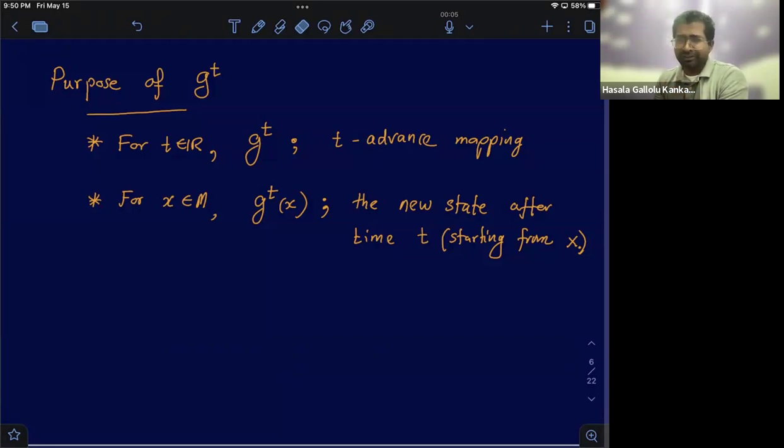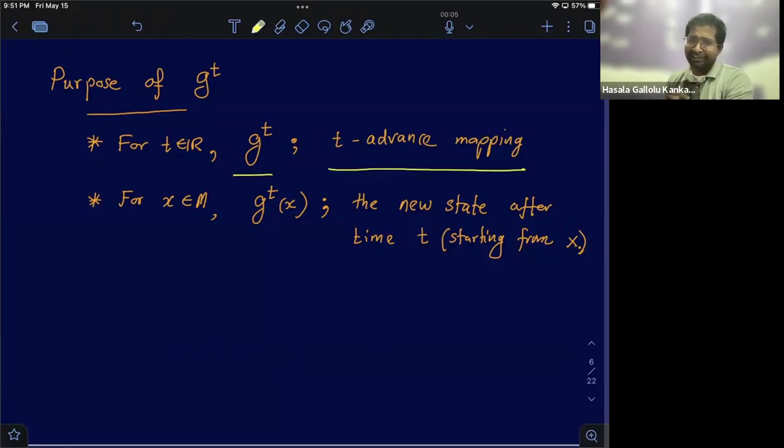I should not be calling them transformations at this point. Let's call them mappings, right? So these mappings GT, all right, let's call them the T advanced mapping.